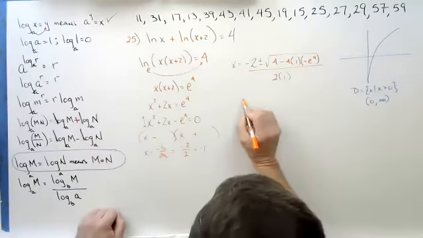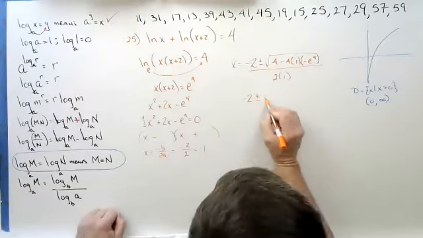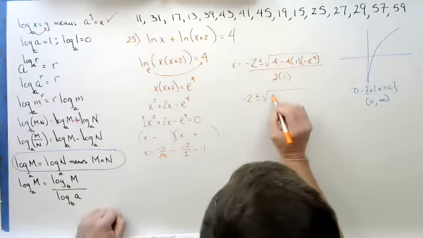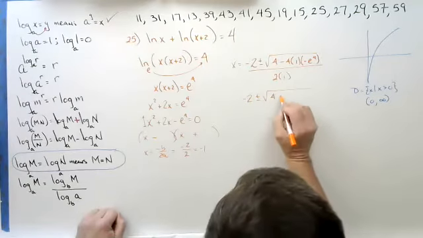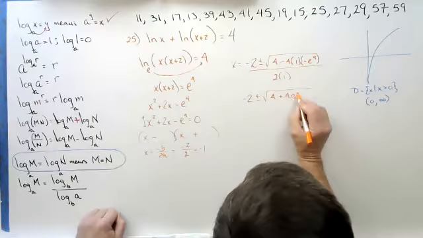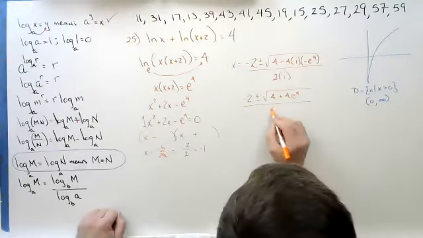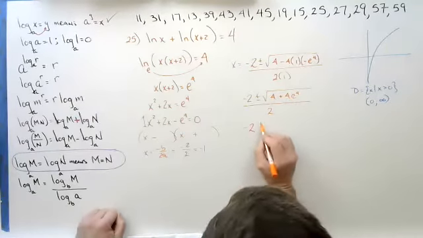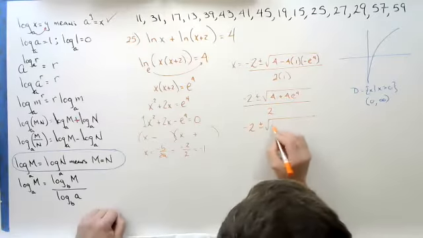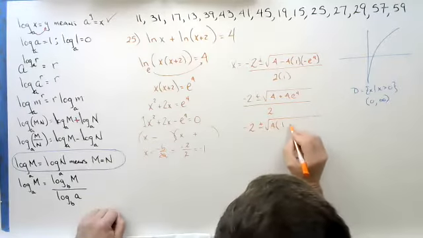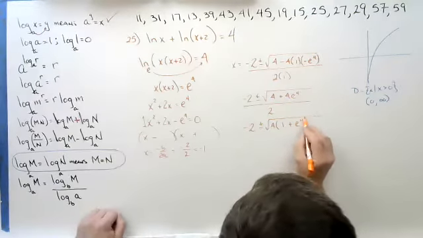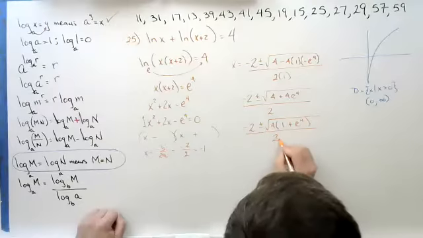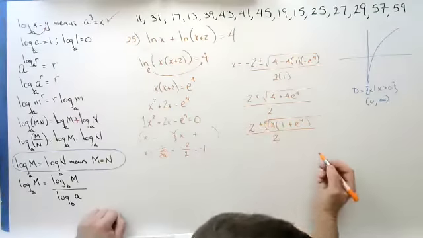So what do we get? We get negative 2 plus or minus the square root of 4, and we have plus 4e to the 4th. Now we can factor a 4 out of that, and we can take the 4 out of the radical.